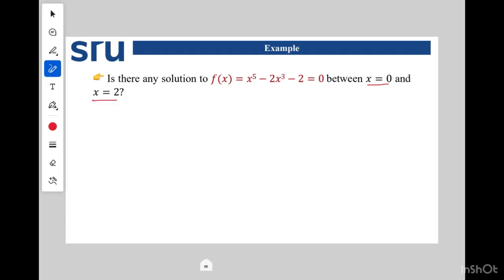We can use the intermediate value theorem here by checking the sign of the function at x = 0 and x = 2.